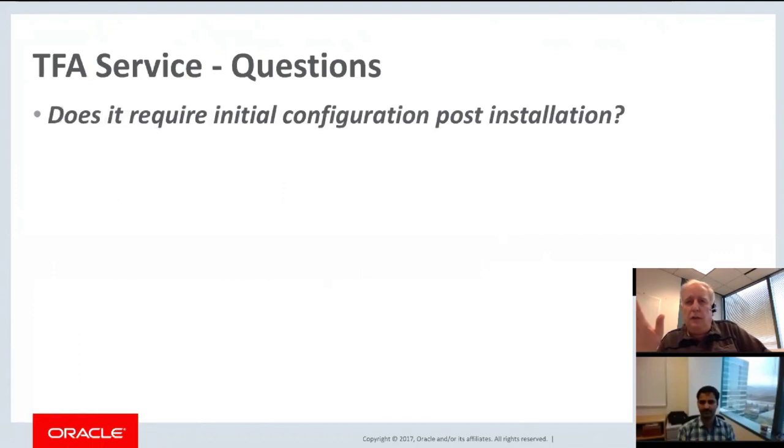So you talked a little bit about configurations. Do I actually need to go through any steps after I've done the upgrade or installation to get TFA working between its member clusters and the centralized service? As I mentioned earlier, there is no manual configuration required to connect the TFA service and member clusters.